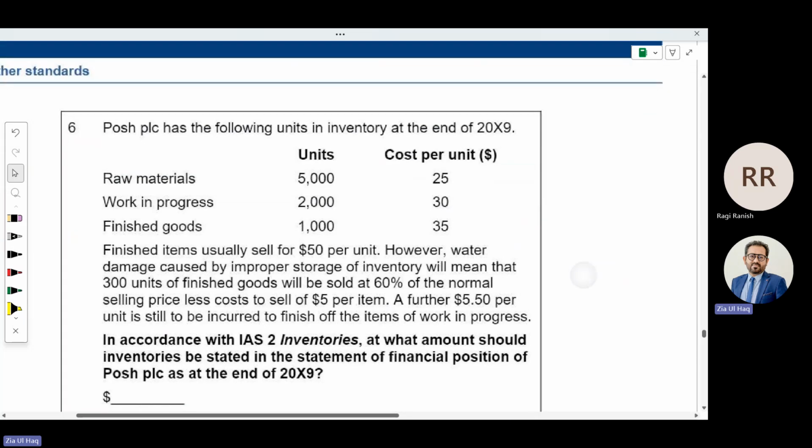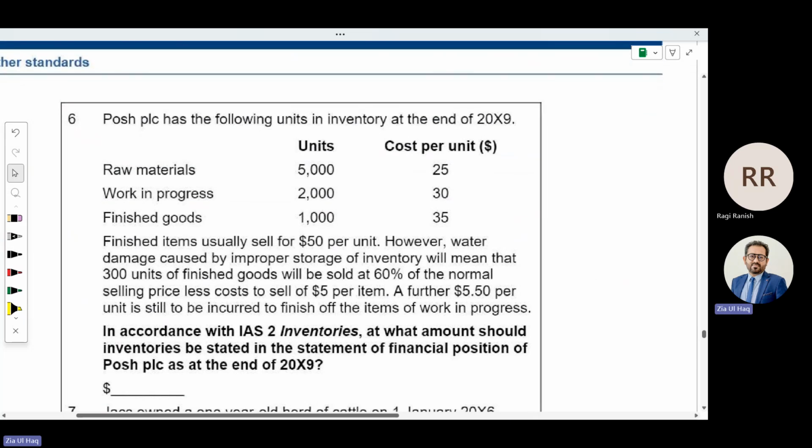Number 6. Good luck, everybody. Lower of cost and NRV.